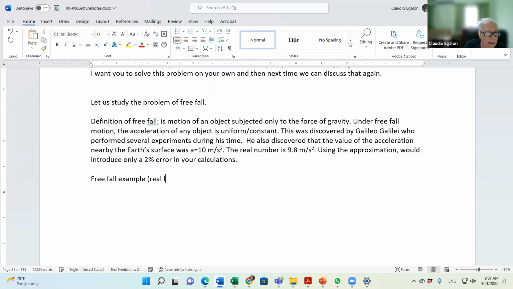Another real life application of free fall. You are at the top of a building, and you want to determine the height of this building.